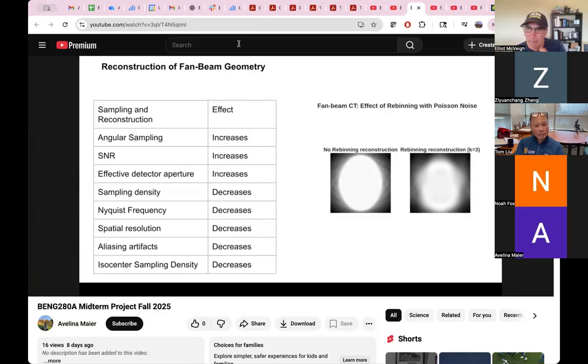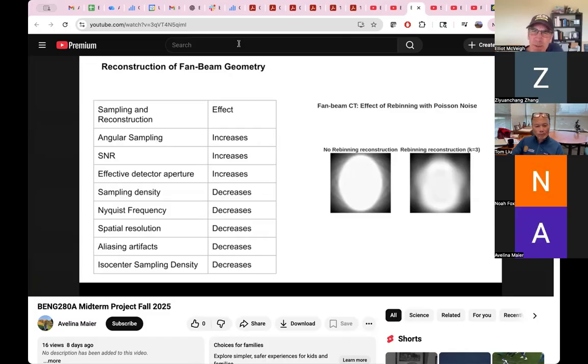Whereas the image on the right with rebinning shows interpolating the fan beam data onto a parallel beam geometry. This adds additional smoothing, which can further suppress the noise. But you do see a sacrifice of spatial detail for a more uniform image. Okay, so you think it's just too much noise? Yeah, we definitely added a little bit too much noise on that one.